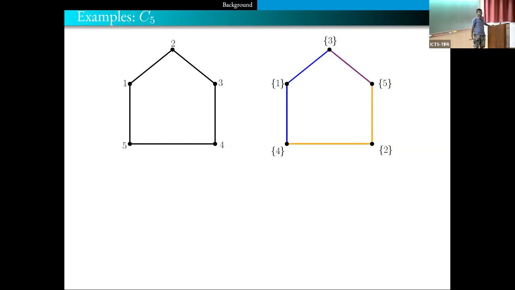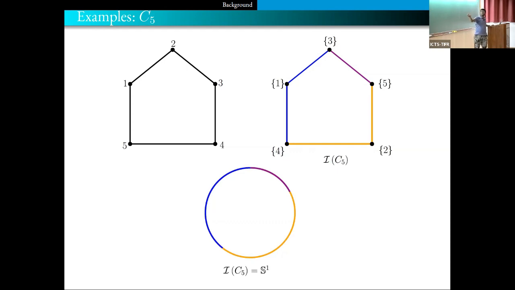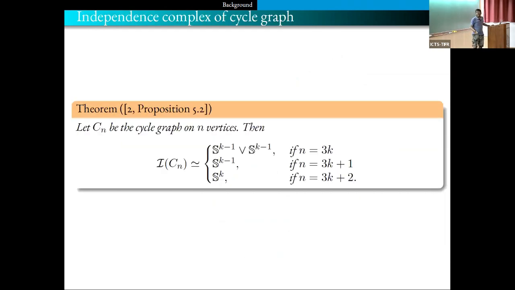These are the independent sets, and this is the independence complex of C5. And what is this? This is topologically a circle, and therefore the independence complex is a circle. One can again show that, and this is not as simple as the path graph computation, that the independence complex of the cycle graph is either a sphere or a wedge of spheres. So this completes the preliminaries.